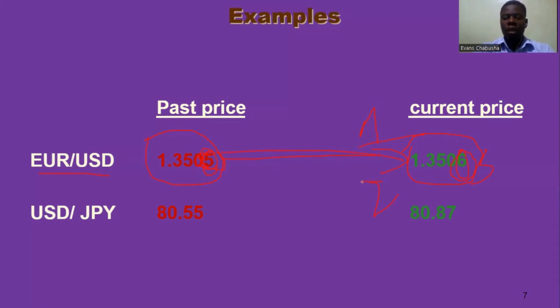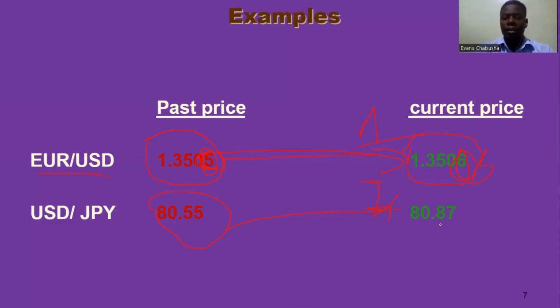Now the JPY pairs are the same thing. Remember, they are expressed in 2 decimal places. So let's say this is the price 2 weeks ago, which is 80.55. Then going into the future, the price becomes 80.87. So what has happened to this pair?